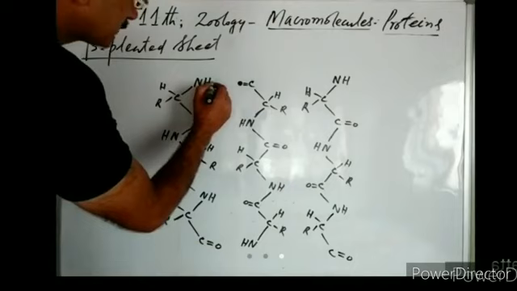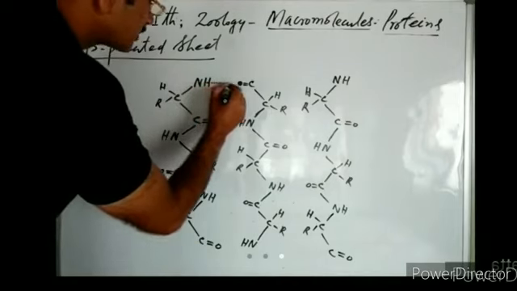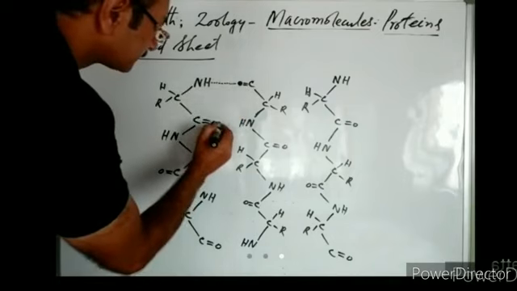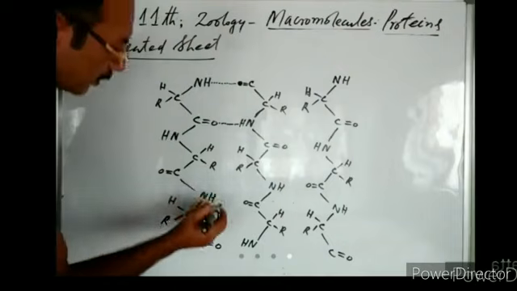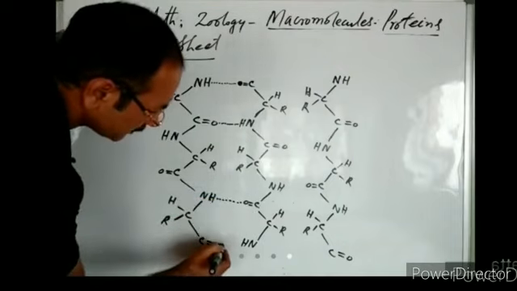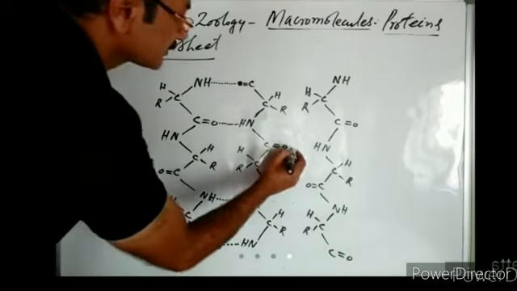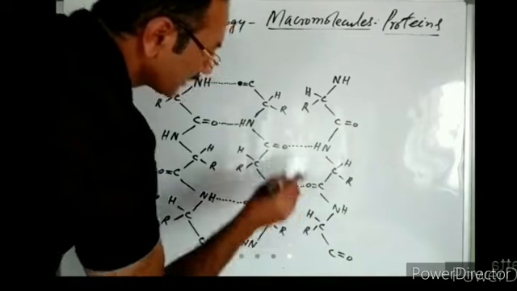Now in this peptide chain, hydrogen and oxygen atoms form bonds. Hydrogen bonds are formed between hydrogen and oxygen. This is a hydrogen bond, this is a hydrogen bond. Similarly here, this is a hydrogen bond, this is a hydrogen bond, right?